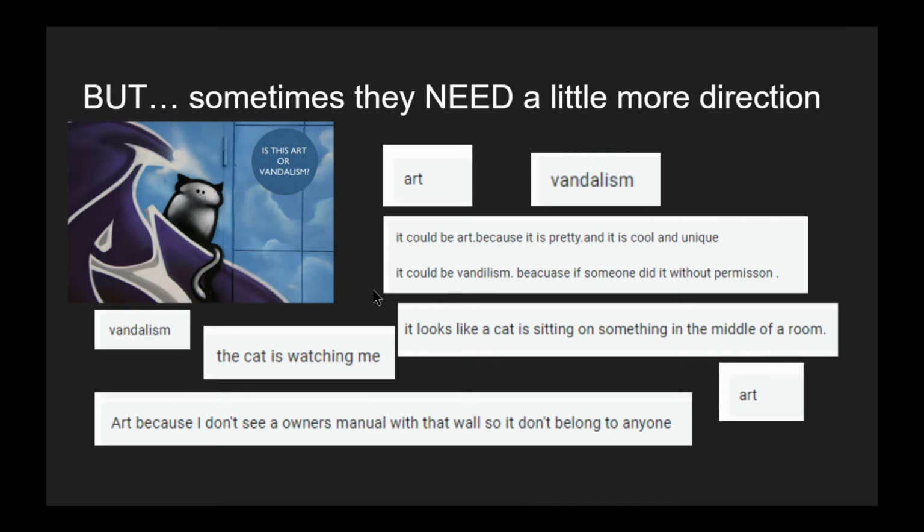But even the visual writing prompts, as much as I like them, there's still some where I don't get the responses I thought I would have, or hoped I would. Like with this image, I was really hoping for some really good feedback and some good ideas on what does art mean, what makes something art. But instead they just answer the question, is this art or vandalism?